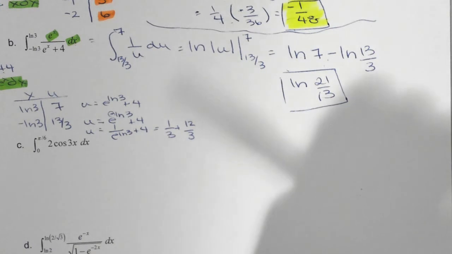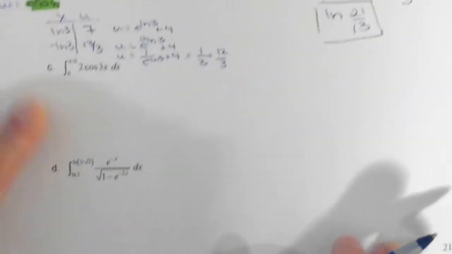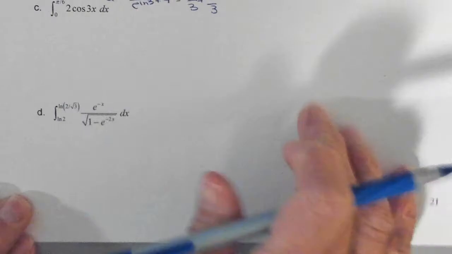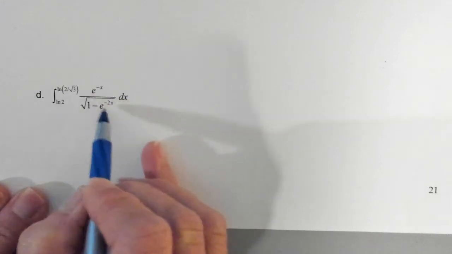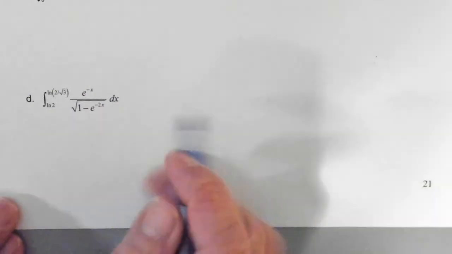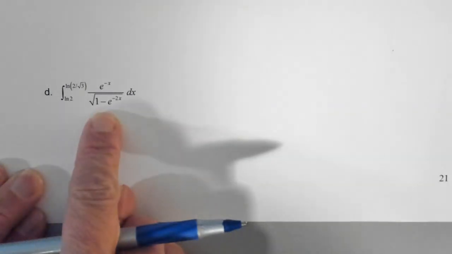No? Okay. I'm going to do D with you guys, and then you're going to go back and do C. I'm going to give you a couple minutes to do C. Let's take a look at D, because we've got another natural log in here, and it's a hot mess. Yikes. All right, what's my u sub? We're trying to get it to be sine, so you want it to be 1 minus x squared. So I need to rewrite this first, is what you're saying?